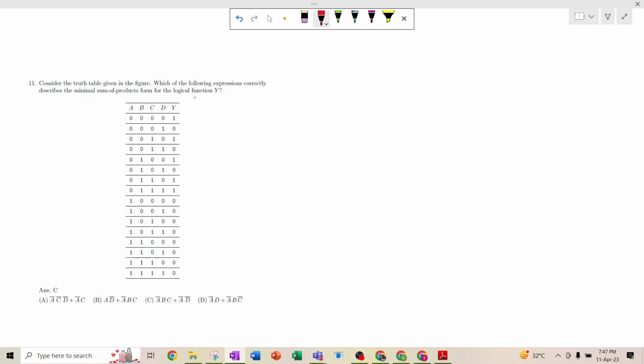So here Y is a function of four Boolean variables. So we can use a K map and we can easily solve the problem. Here we are using the K map to solve the problem.